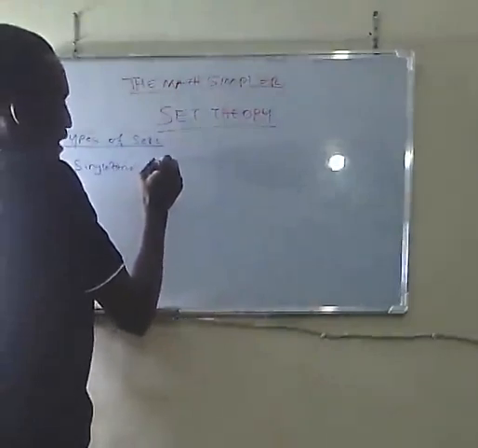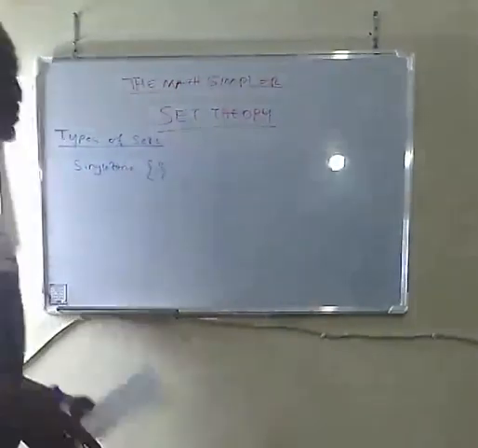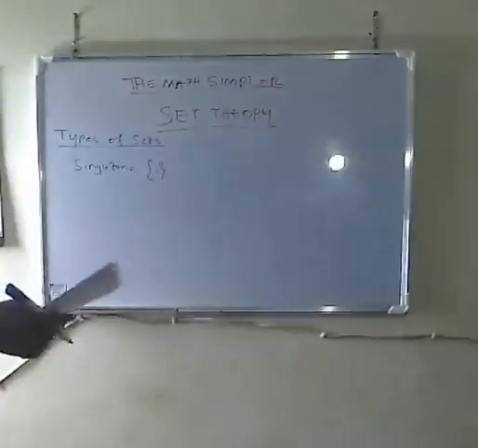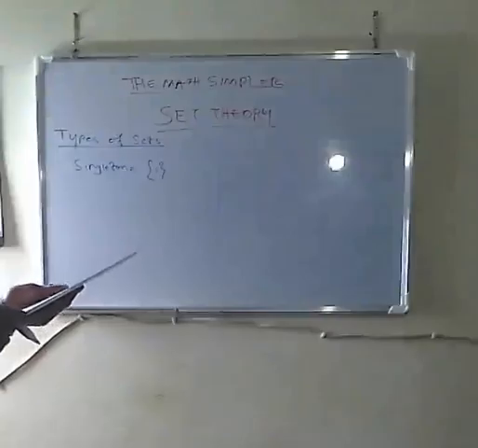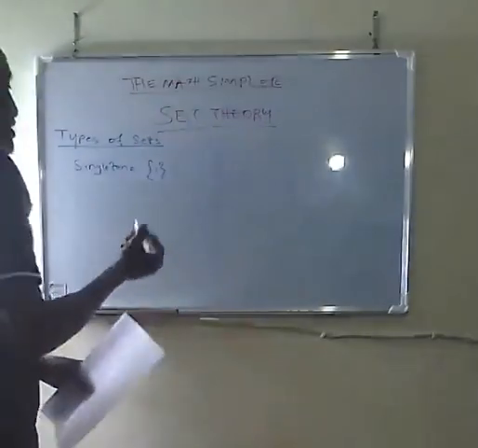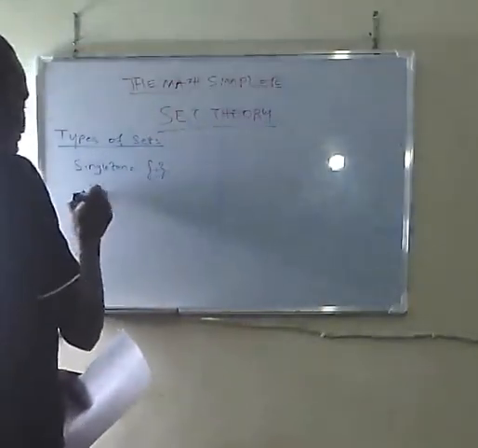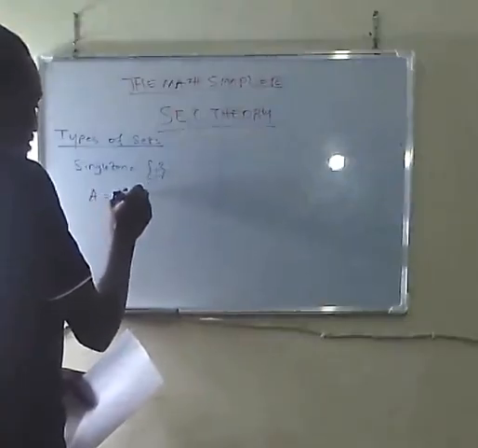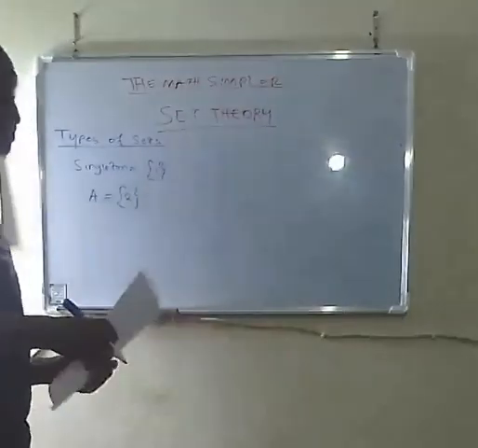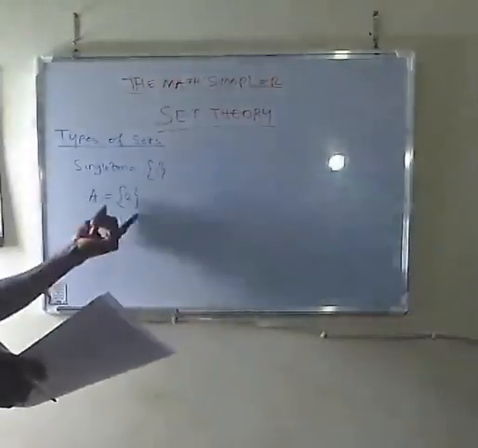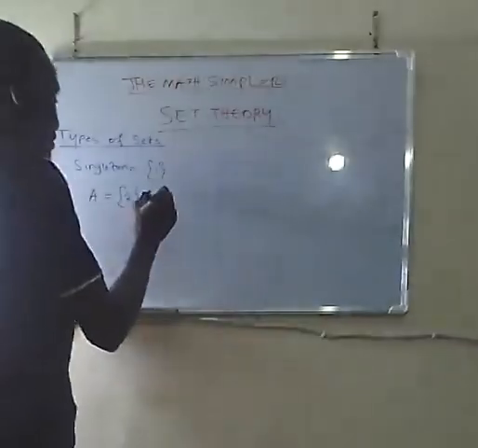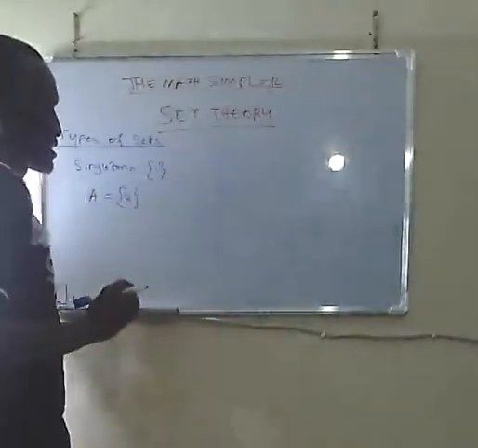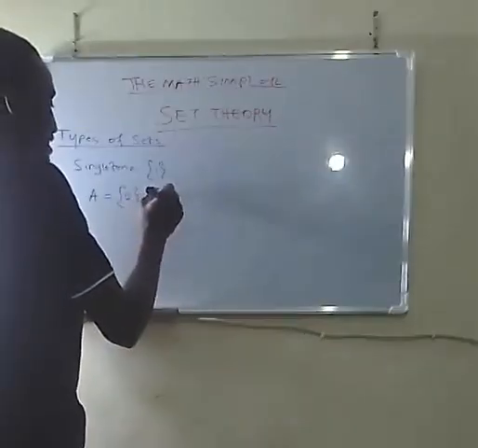For example, we have a set A having element 2. This set has 2 subsets. Number one is the empty set. Another subset is the set itself. A set is a subset of itself. We'll go to that one as we continue.